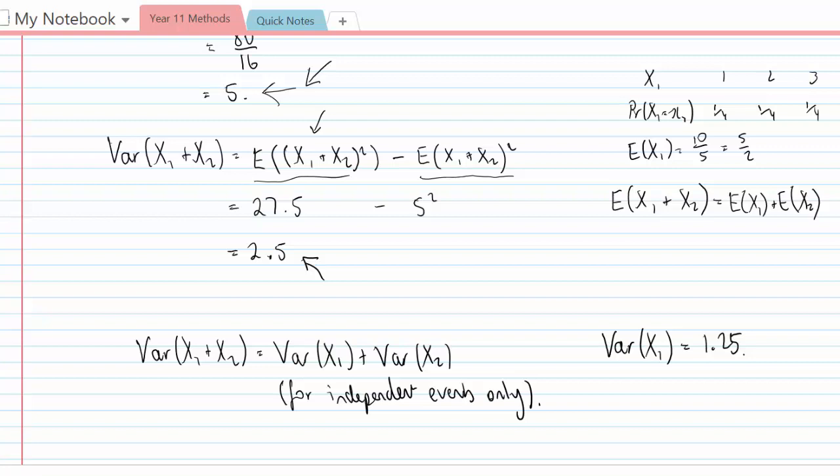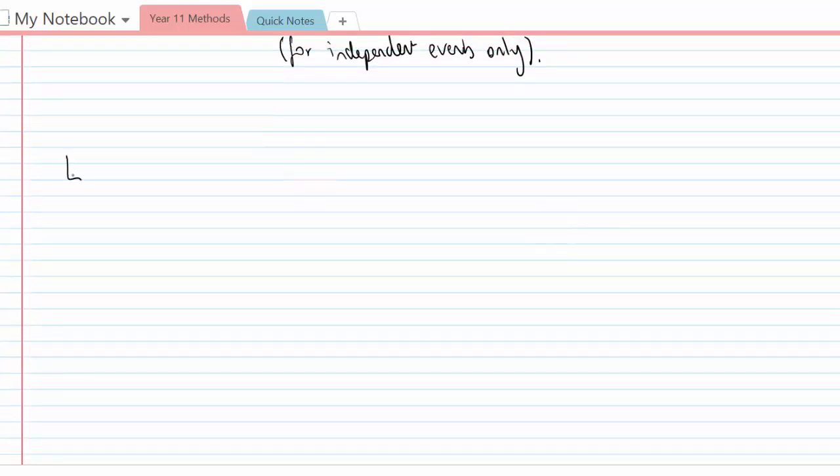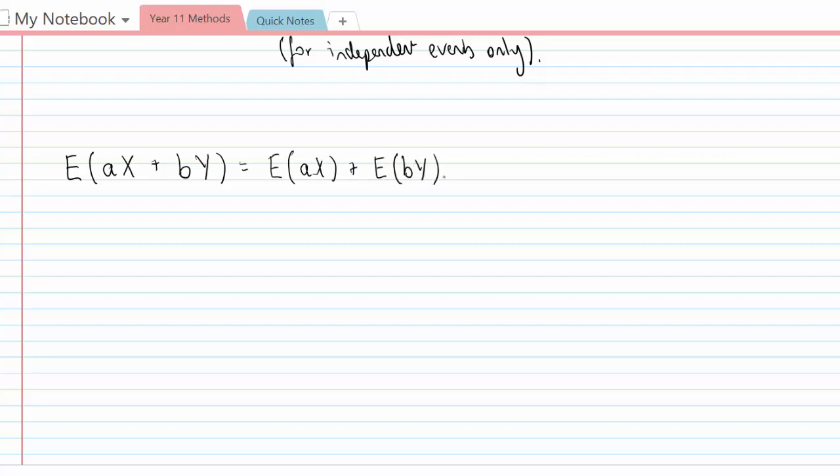So finally, what we can do is combine these two rules. So if we want to do the expected value of some random variable x, which is being multiplied by a constant a, and then plus another random variable which is also being multiplied by a constant, then we can separate that into E of ax plus E of by, which then can be separated further using the rule that we looked at the beginning.